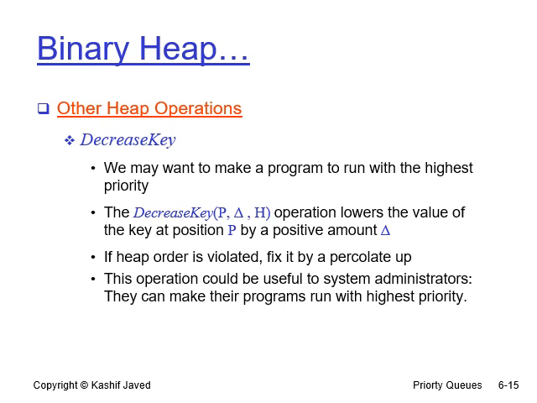So for example, if I have a number 7 and I want to decrease its key value, I need to inform this function about the position of 7, number 1, then the amount by which you want to reduce its value. And then h is obviously my priority queue or my heap. So if the heap order is violated, fix it by a percolate up. When you decrease the value of a certain key, you may need to percolate up if the heap order property is being violated.